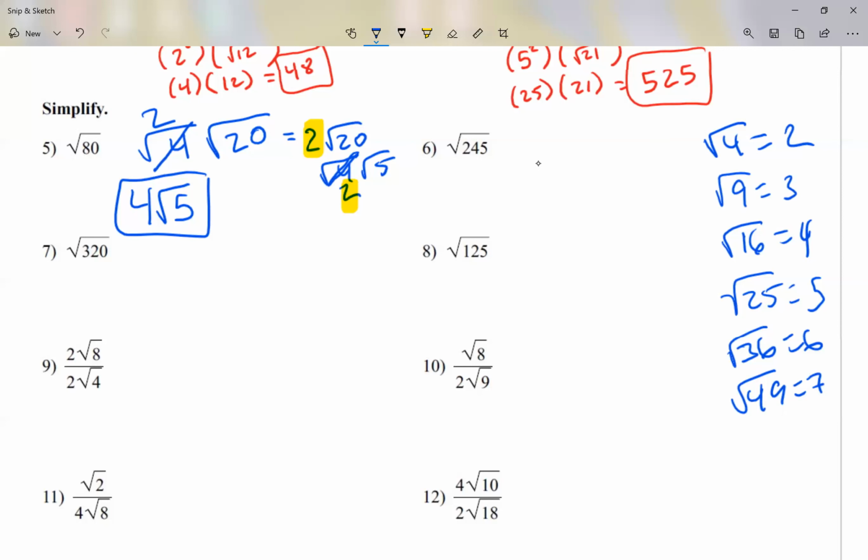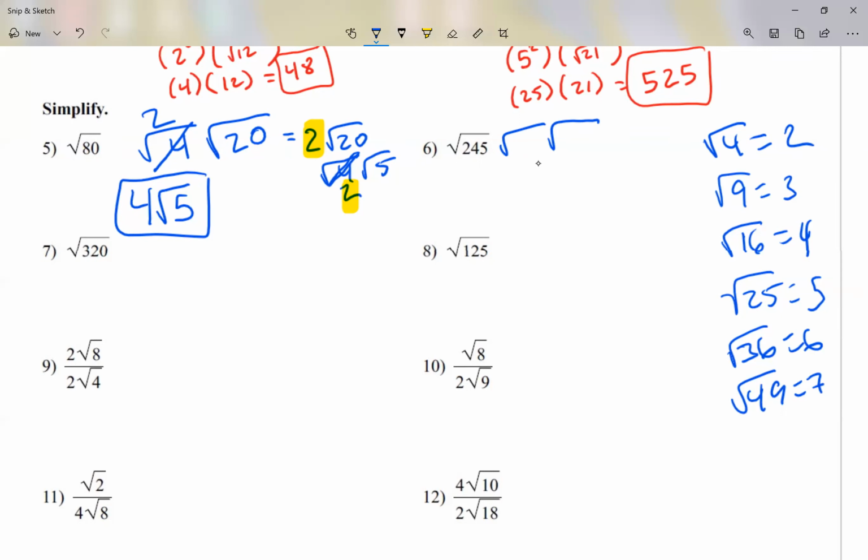245. I'm going to break this into 2 square roots. Now I cannot do it as 4 times something, right? I'm thinking of 2 numbers that multiplied equal 245, but one of them has to be from my list of perfect squares. I tried 245 divided by 4 on my calculator, and it gives me a decimal, so it doesn't work.